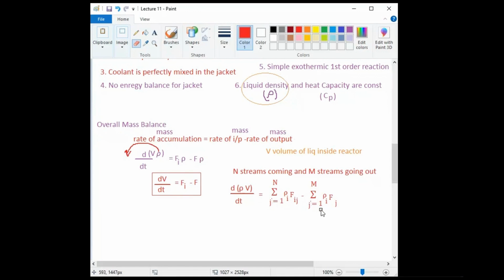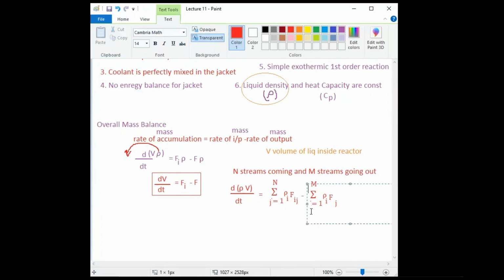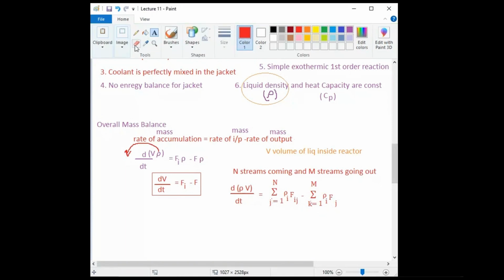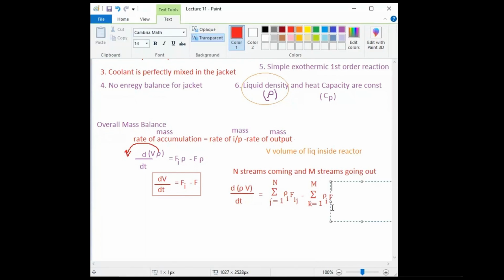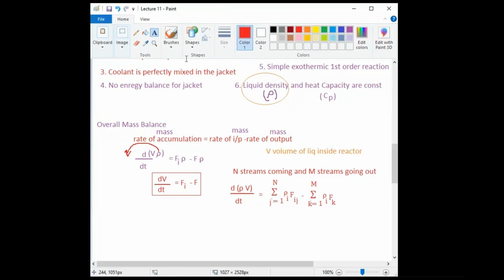We can write some k equal to 1 to m of rho k Fk. In this way we can write it if we have more than one incoming and outgoing streams. So this will be the mass balance equation for CSTR.